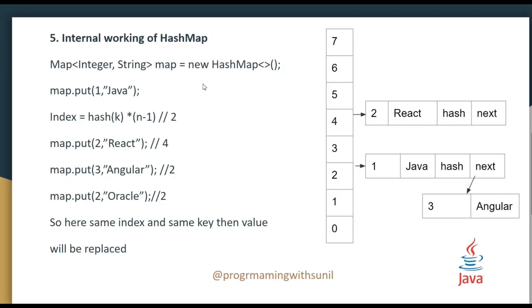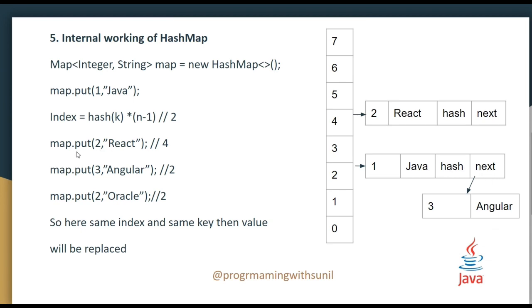So how will it work? Initially it will create 16 buckets, but to save space I created just 8 buckets only. Here when you're trying to insert the first element, 1 comma Java, it will use hash of key and n-1 internally to calculate the index. For example, it returns 2, so the element will be stored in the second bucket with key 1, Java, hash code of the element and next.